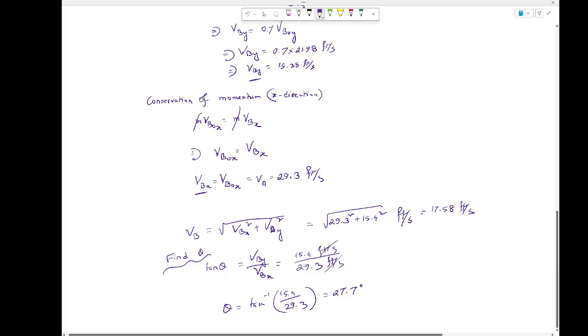So we have to find this BV and angle, okay? So many things that we did on this problem: the coefficient of restitution e was given. Along with those, we had to use the conservation of linear momentum several times in both x and y direction. We had to use all the projectile equations to find the velocities as well, right? We had to find the time required for the ball to hit the ground, right? And finally, we were able to find the velocity and angle. Any question? Anyone?